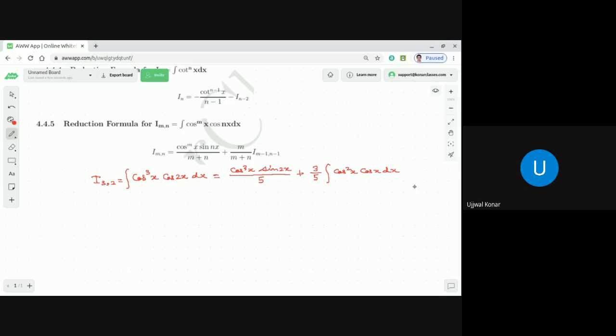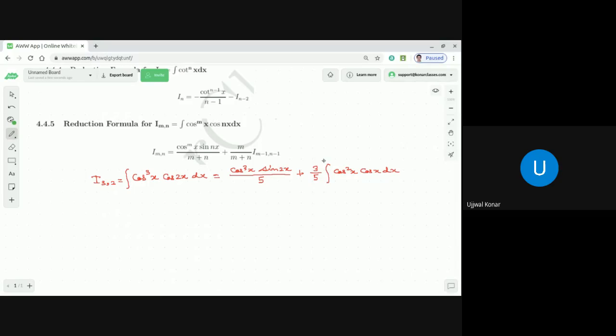So you can apply the formula we discussed, or you can use the cos to the power n x dx reduction formula, or you can apply the formula here also. Got my point? Because here it becomes nothing but I of 2, 1, this entire thing.